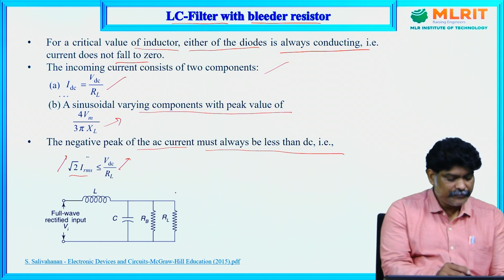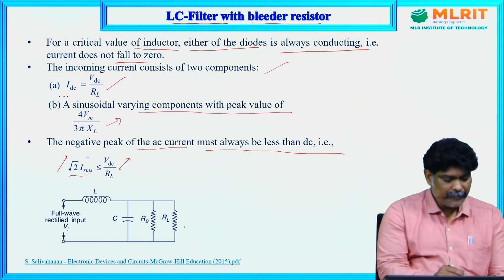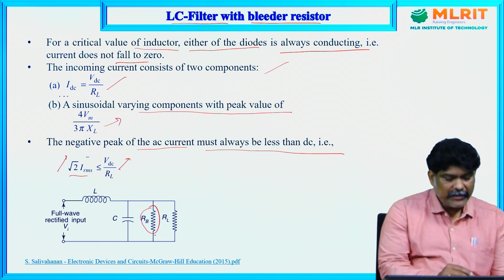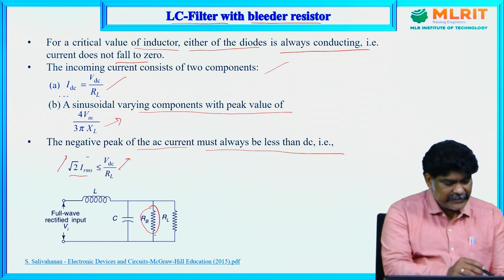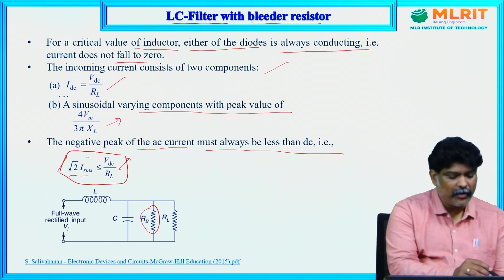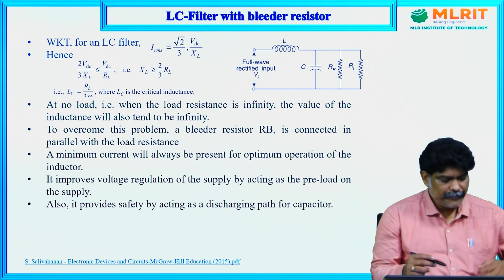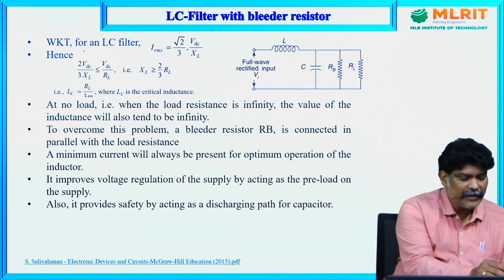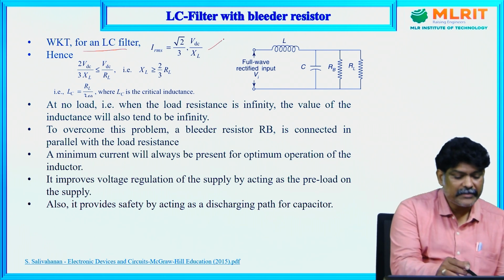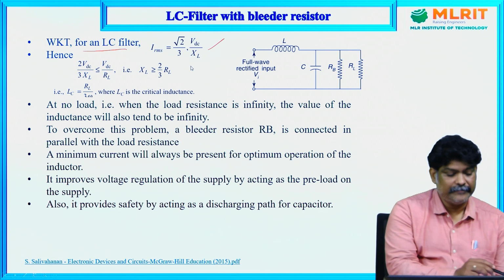So this is the circuit diagram here, and this is the bleeder resistor. Actually, this condition is not satisfied in all cases, so let us see what happens. We know that for an LC filter, IRMS is equal to 2 root 2 by 3 VDC by XL.